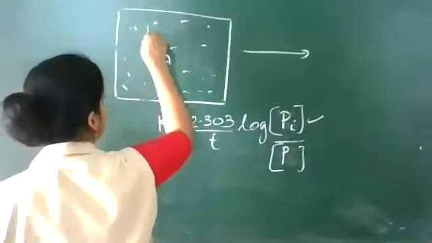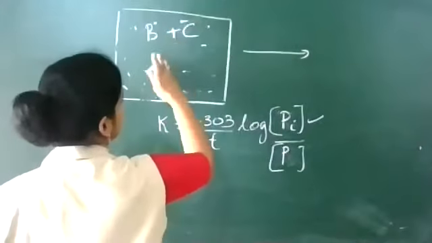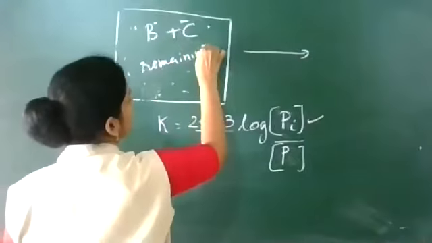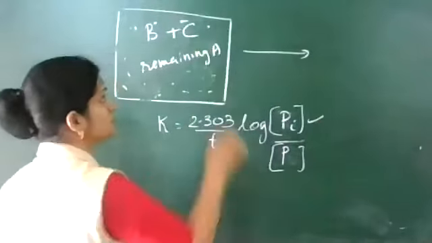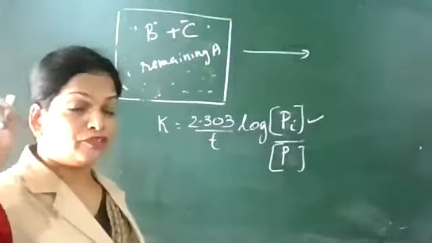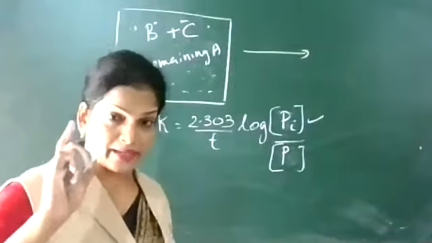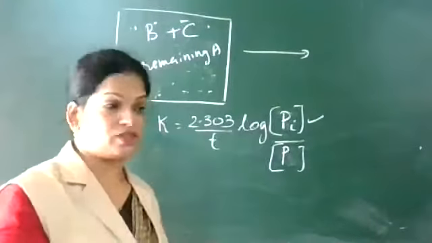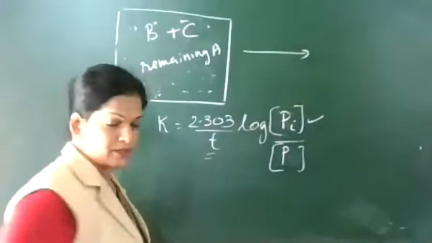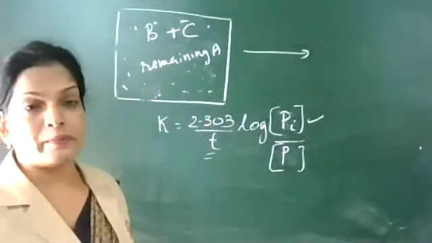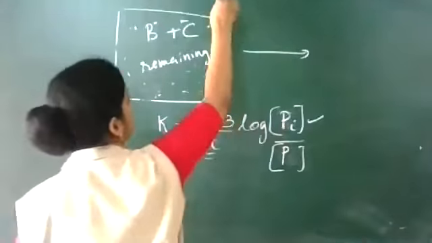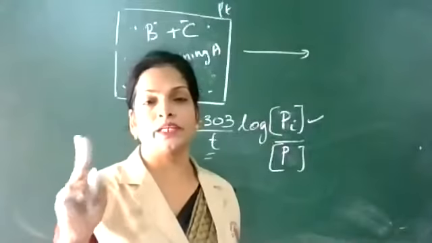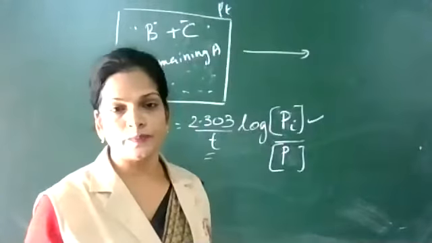Why P total? B is there, C is there, remaining A is also there. So first we measured only A, that is Pi. Now after a time t, what we are measuring is P total.